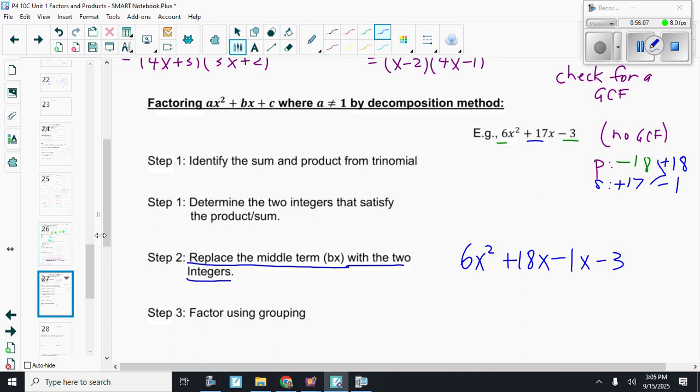So this strategy is called decomposition because we break apart the middle term. Decomposition means break apart the middle term.